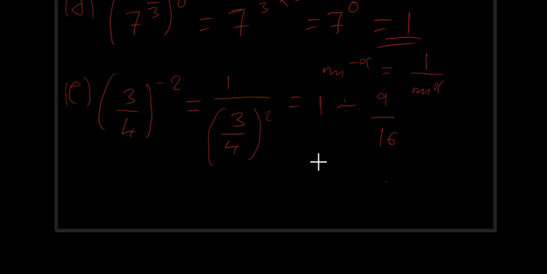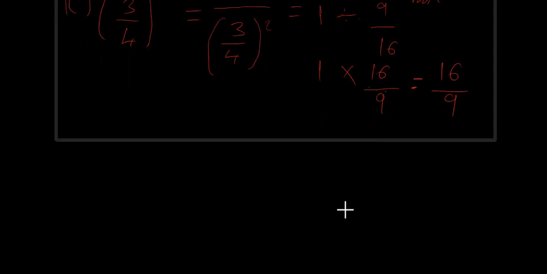Okay, so we're going to change our signs. So this will come up. Okay, when we change the sign to multiplication, so this is going to be what? 16 over what? 9.